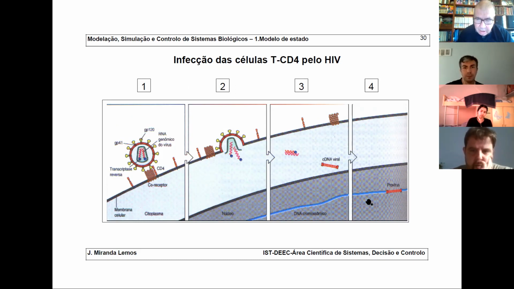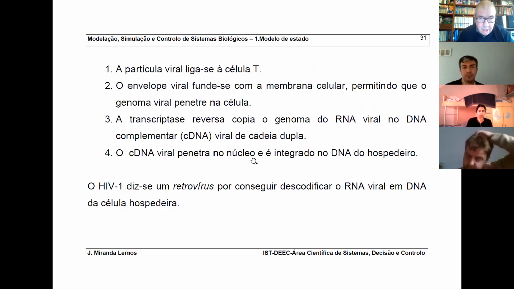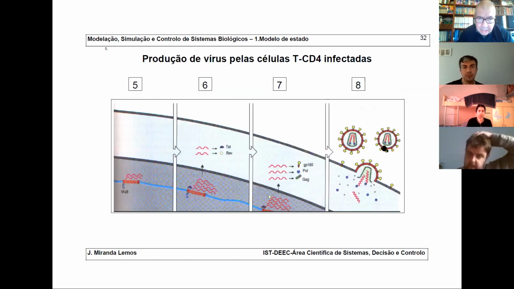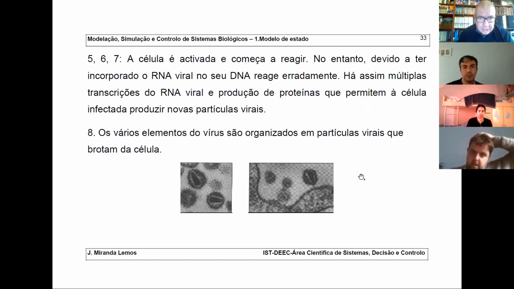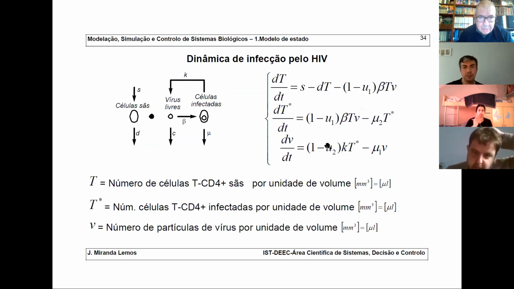So, integrase inhibitor. But in our model we are just considering two drugs. One inhibits this entering, and the other inhibits this assembly. Okay, that's drugs number one and number two.